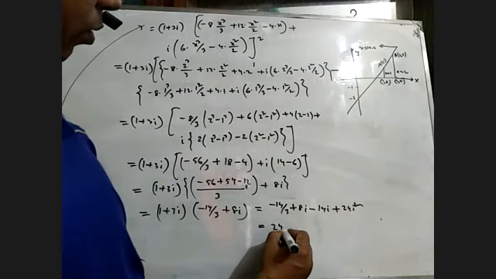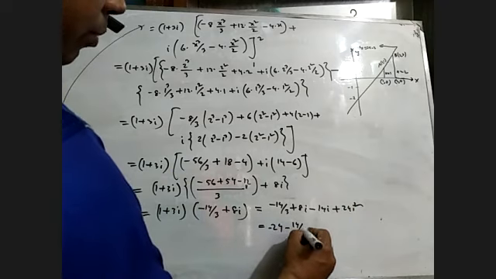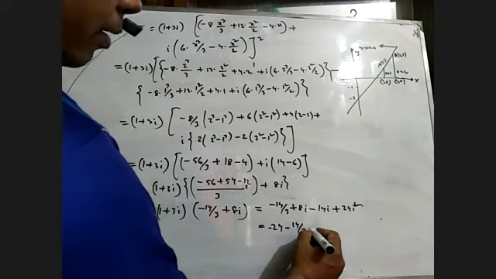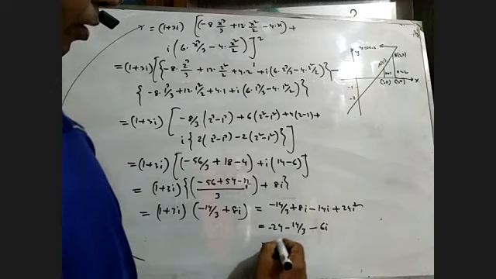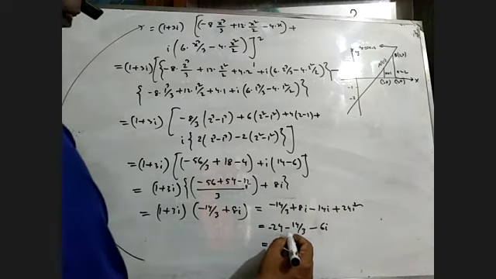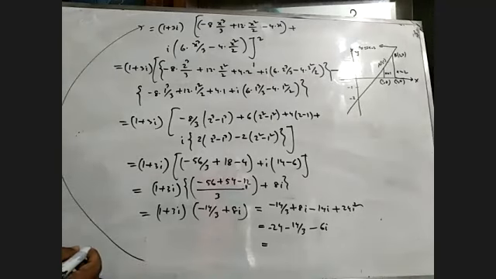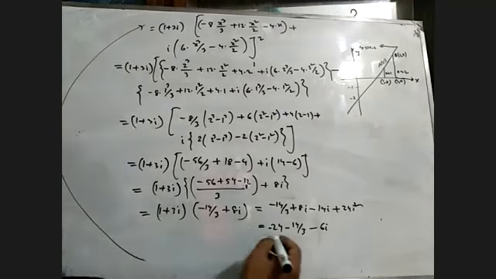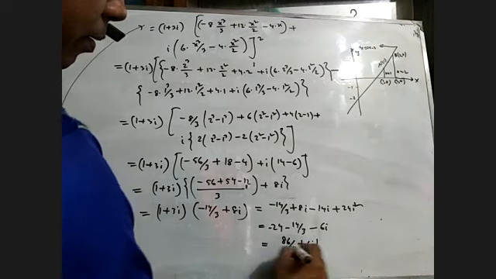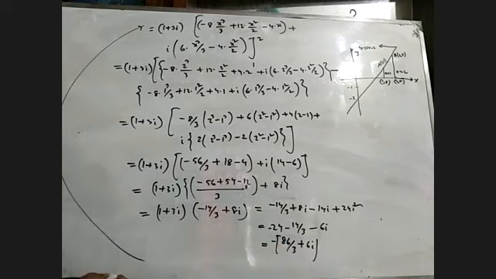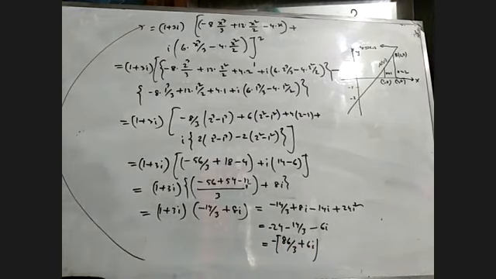So we get 24 minus 24 minus 14/3 minus what will be 6i. So this becomes 86/3. Okay, this will be the result. Okay, Khuda Hafiz. Goodbye.